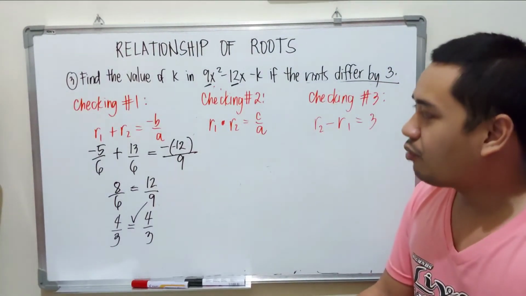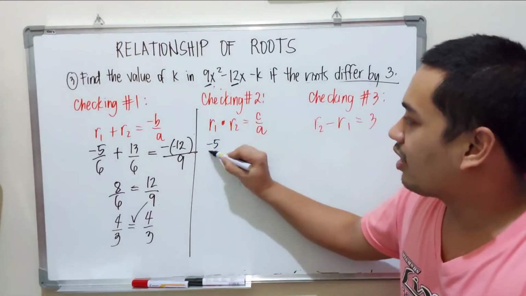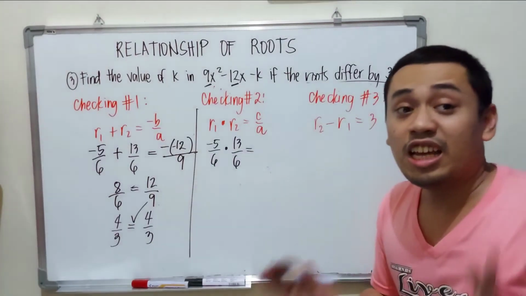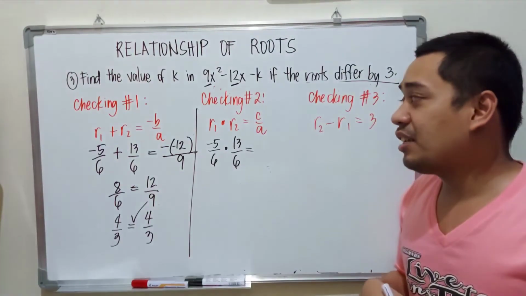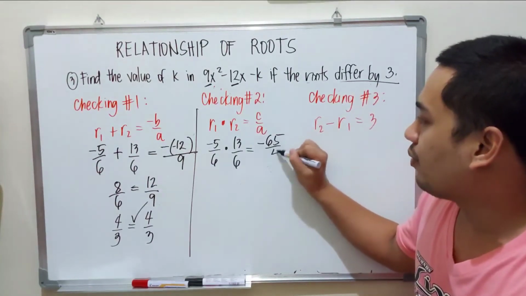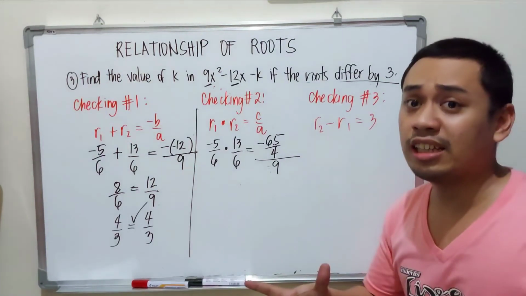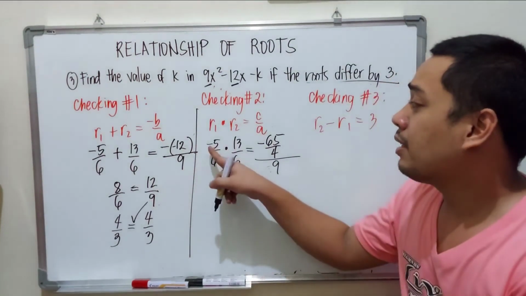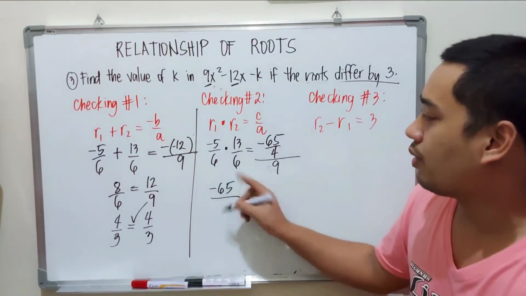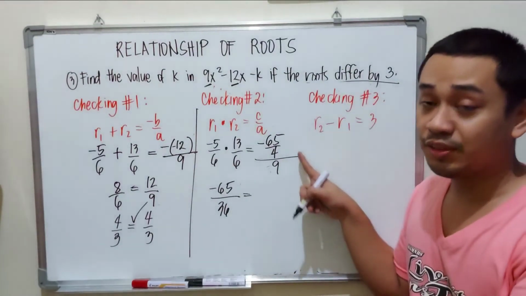Sa products naman, we can check it by multiplying the roots. So, ang roots natin ay negative 5 over 6 times 13 over 6. Na equal daw siya dapat doon sa ating C na na-solve kanina, which is negative 65 over 4 over kay A, which is 9. So, ituloy lang natin yung computation. Simplify. Numerator times numerator, this is negative 65 over 6 times 6, 36 is equal to complex fraction.